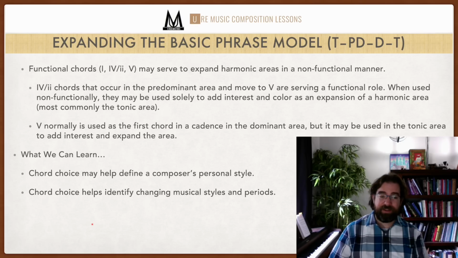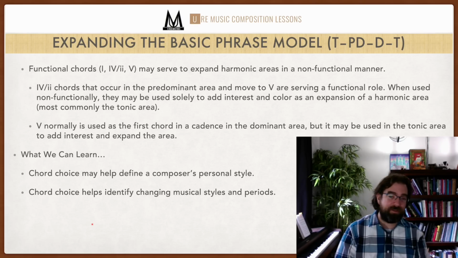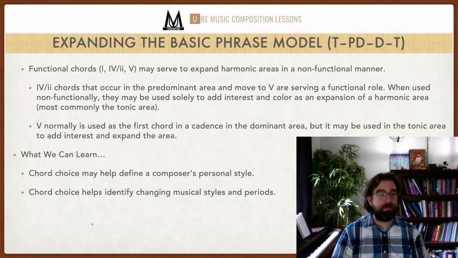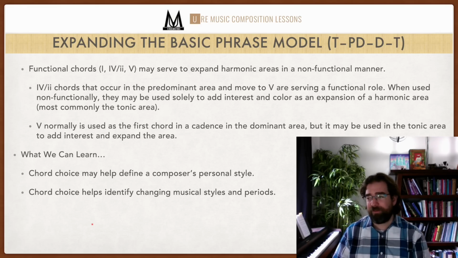And that would indicate that maybe the musical style you're looking at isn't classical. Maybe it's more modern because they are using what we call a chord succession rather than a chord progression.